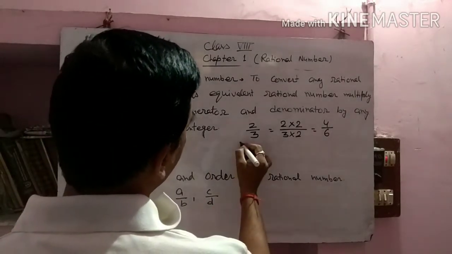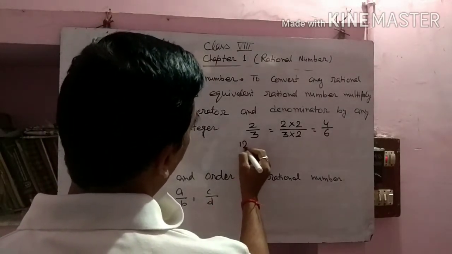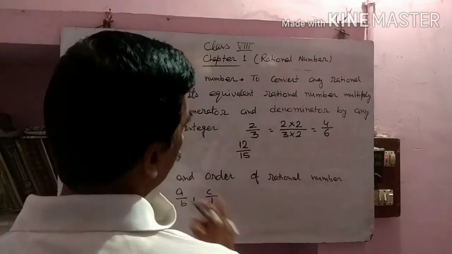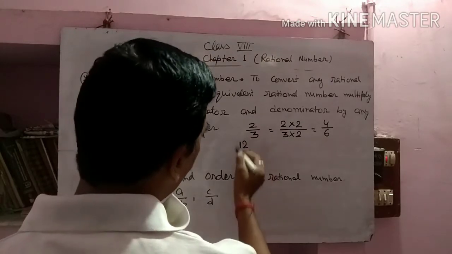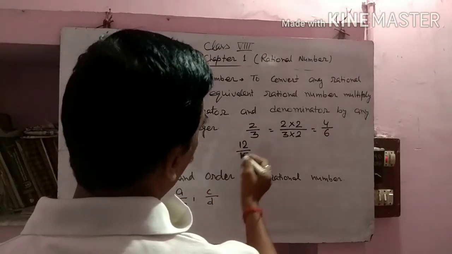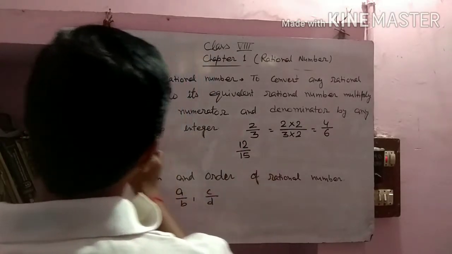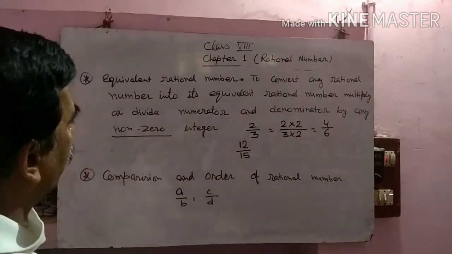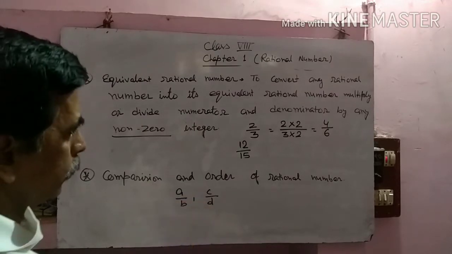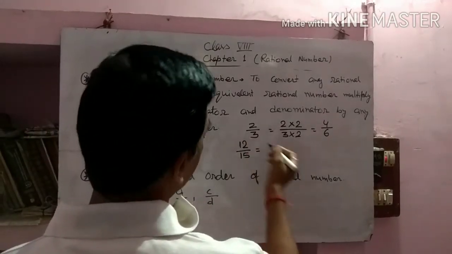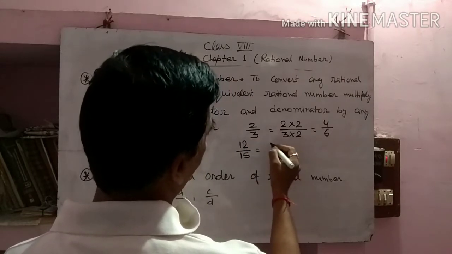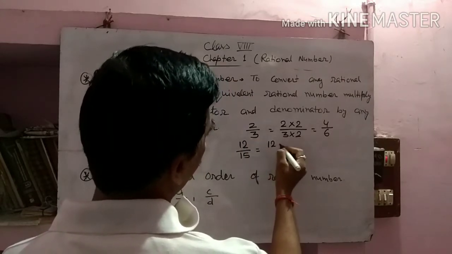As we discussed, 12 and 15 are given. If the question is to write the equivalent rational number of 12 by 15, what do we have to do? Multiply or divide the numerator and denominator by any non-zero number. In that case, suppose we divide both numerator and denominator by 3.